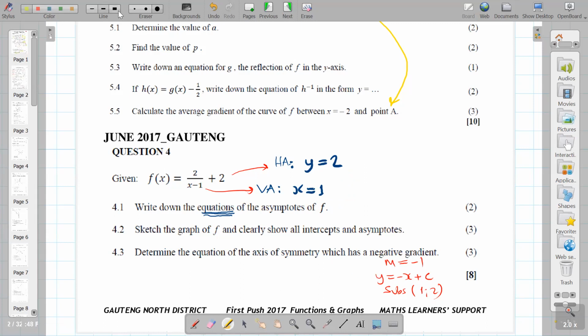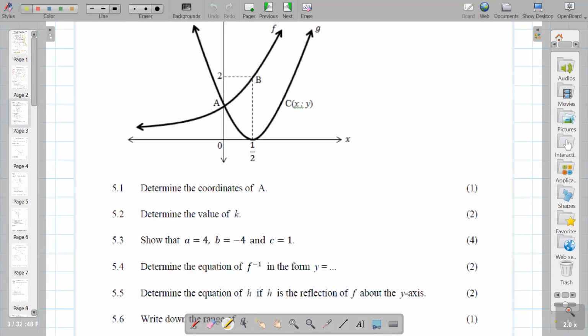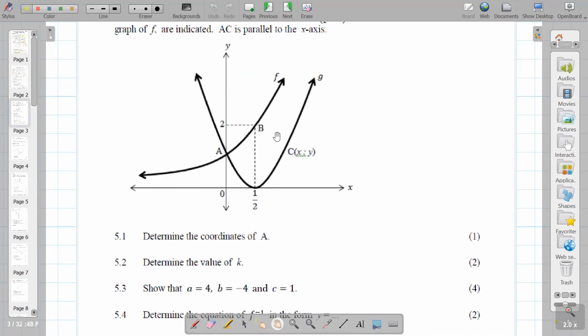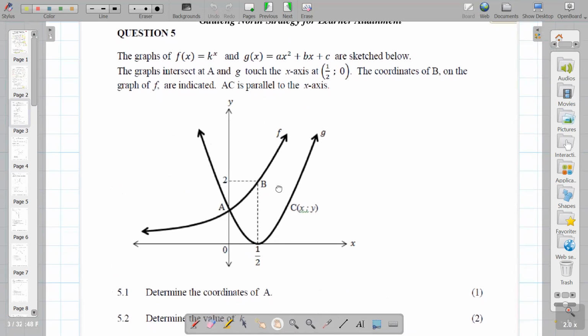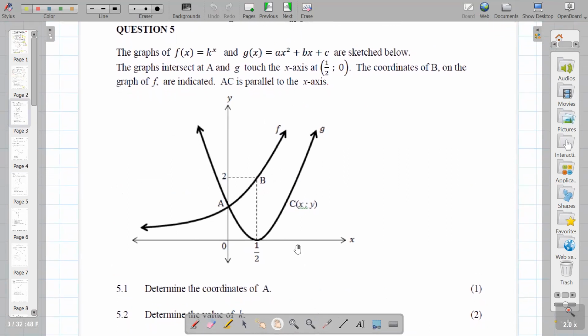You can just check the next set. Okay, what do we have here? Now there are two graphs on the same question given. What is that? There's an exponential function and there's a parabola. Yes, all is good.